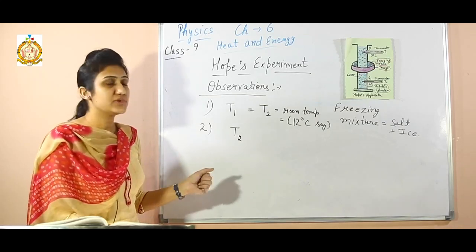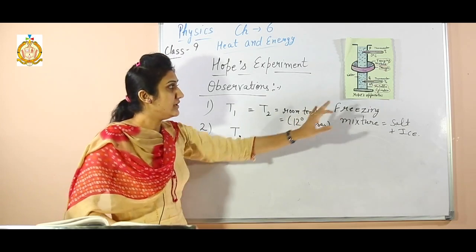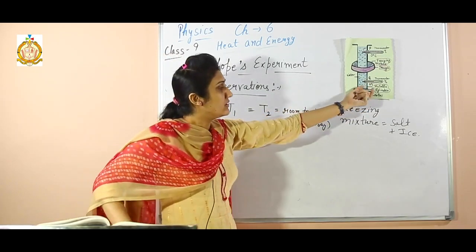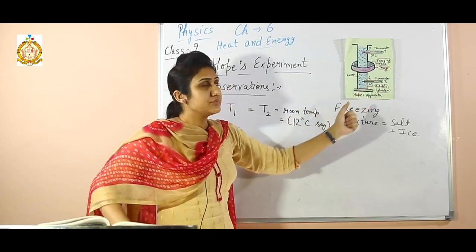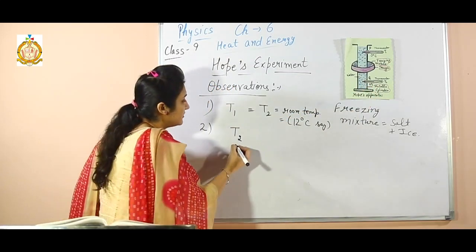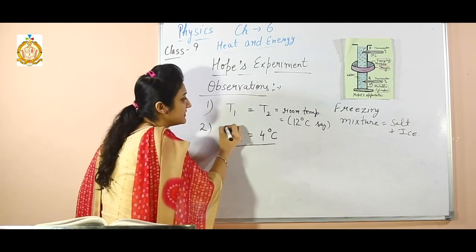When we again observe the thermometers, we find that the thermometer T2 is falling in temperature. Up to 4 degrees Celsius, its temperature decreases.